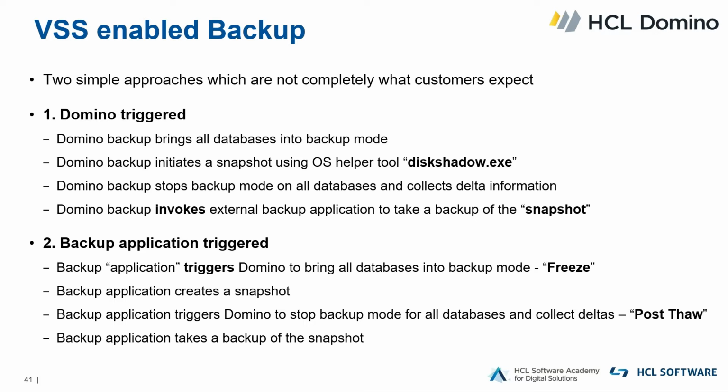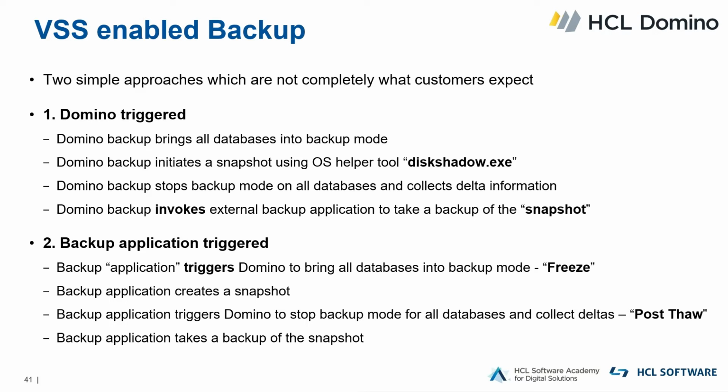Then we have the other approach, where a backup application like Veeam would trigger a snapshot, and then Domino needs to capture a kind of freeze event to bring all databases into backup mode. Then the application creates a snapshot, and once that is done, the application tells Domino that the snapshot is taken, and then it would get all databases back from backup mode and collect the delta information.